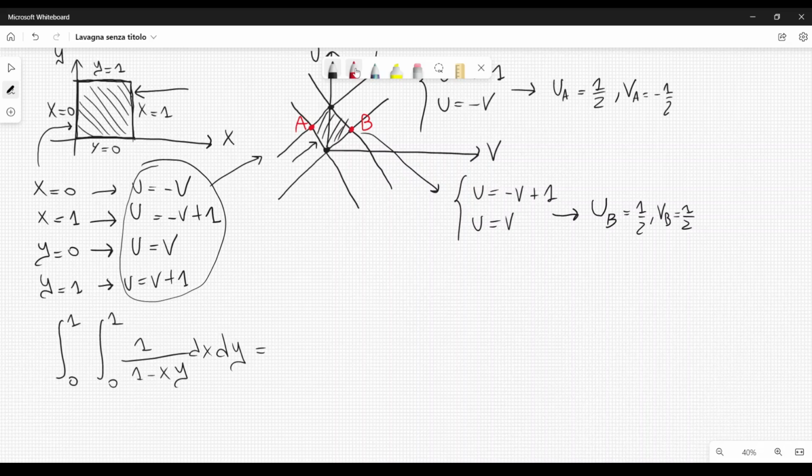When we integrate over v, we need to go from this line to this line here until we reach the points A and B. The points A and B have the same coordinate u, so we have to split the integral into two parts, because when we reach these 2 points here, this first region will become different. It will become this one.